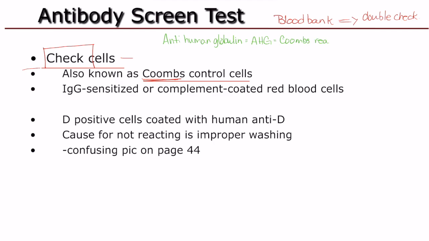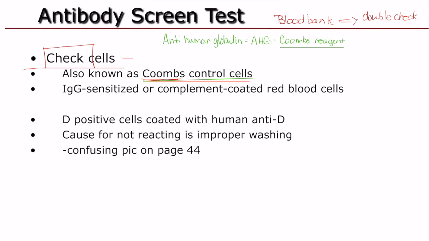I do not tend to use this term. It's definitely one of the older terms, but that's something you might hear. So that's where these Coombs control cells come from.